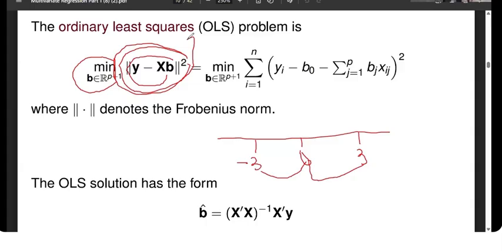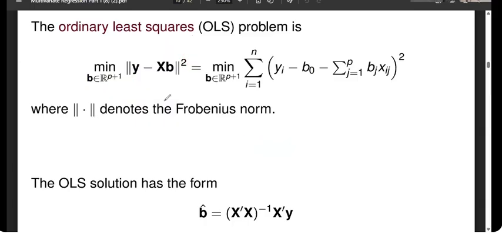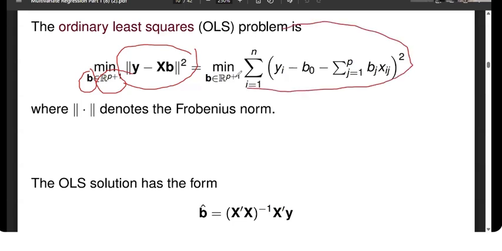Now we're going to use the approach of optimization here. If you take a look at this, I actually want to get B. What is my B? It has P plus 1 entries: B1, B2, up to BP. Here I'm rewriting the equation model back in scalar form.